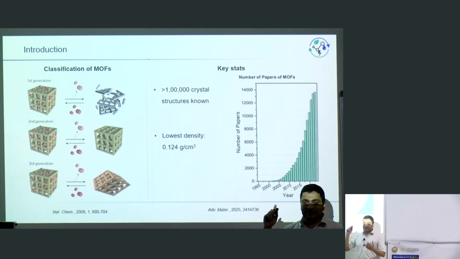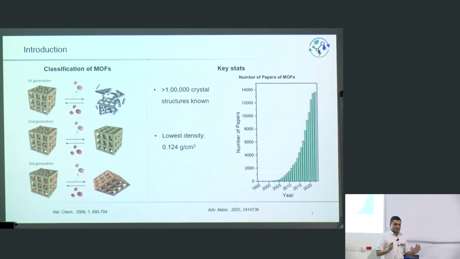And of course, the interest in this field has grown over the years. This field was discovered or known in the 1990s, but very little interest was there for the first 10, 15 years. But if you look at the data for the last 10, 15 years, the y-axis is the number of publications per year in all journals. As you can see, in the last 5 years there have been consistently over 10,000 papers every year.